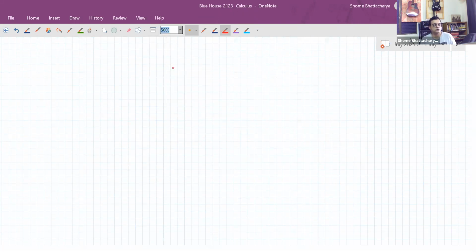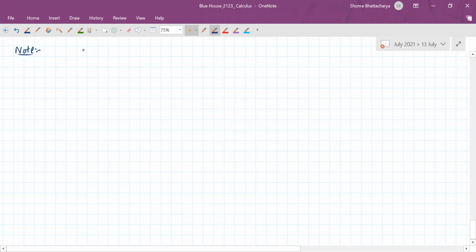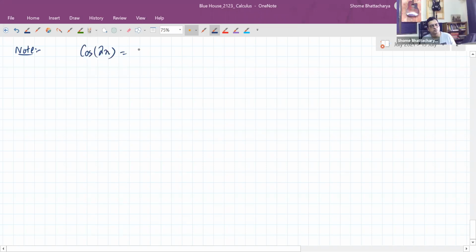Okay. Then one more important trigonometric identity that we make use of is the formula of cos 2 theta or cos 2x. Now this can also be manipulated into 2 cos square x minus 1 or 1 minus 2 sine square x.